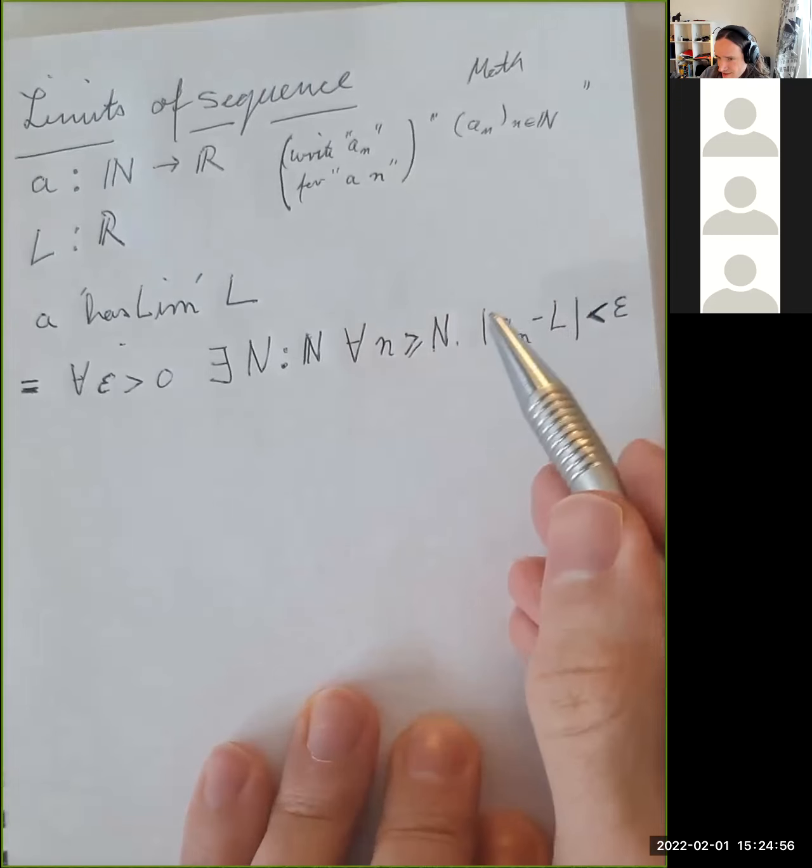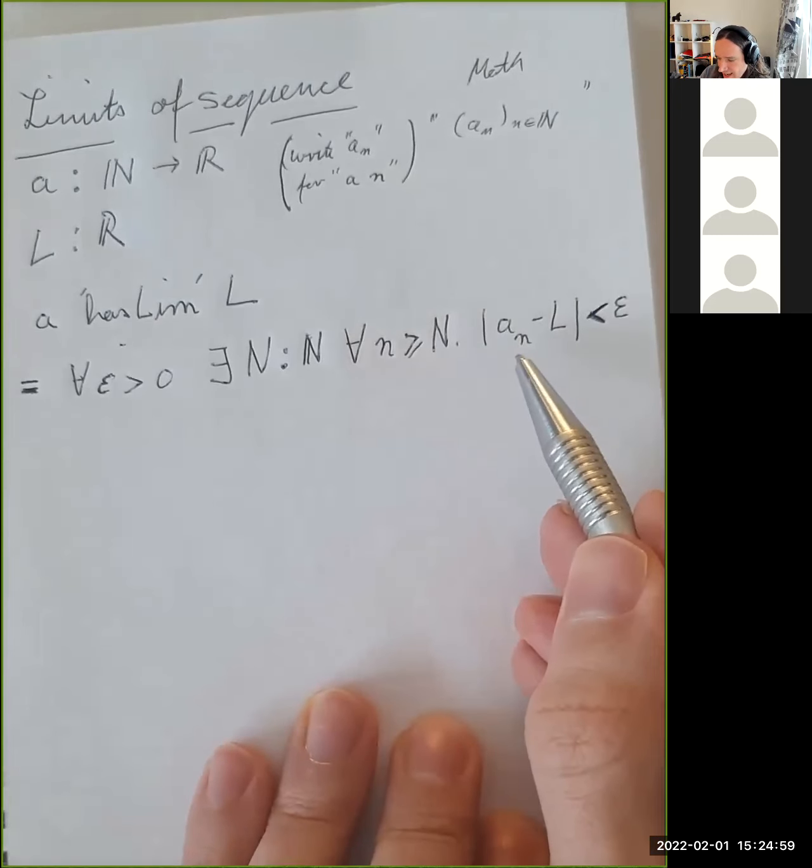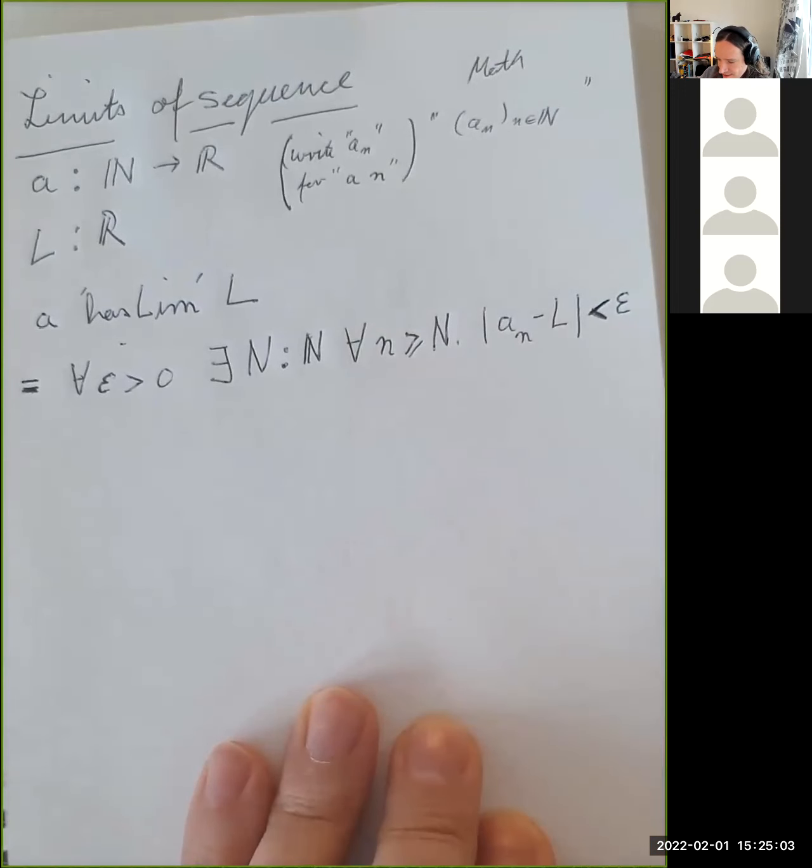So this part talks about a_n, which is the value of the sequence at index n.